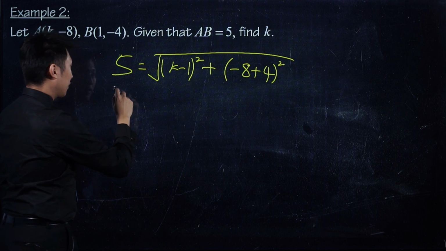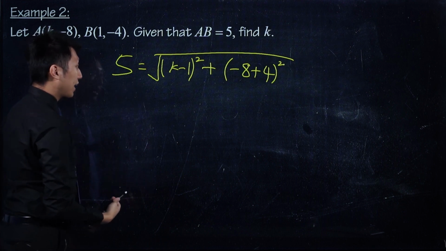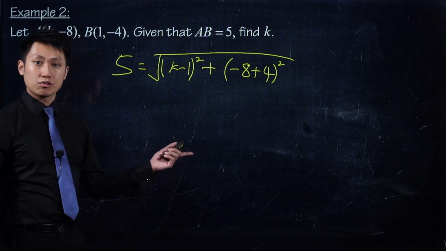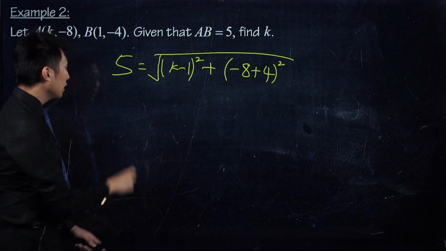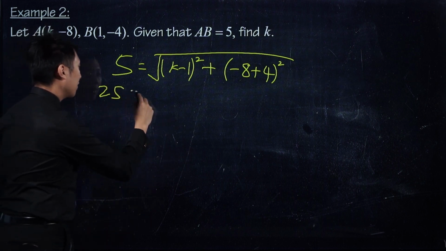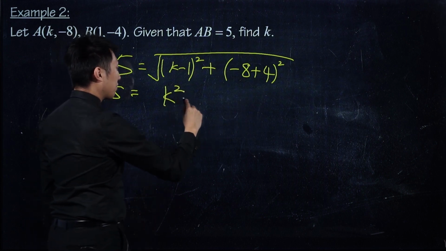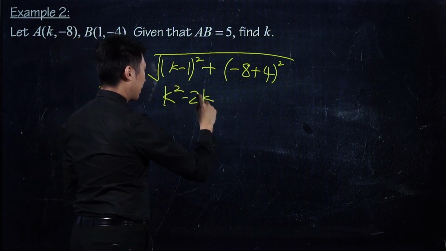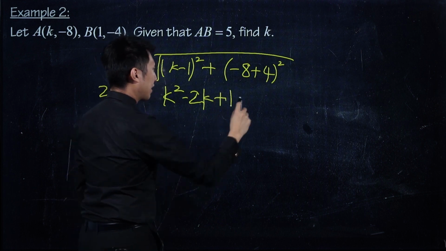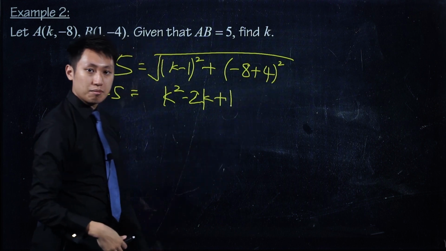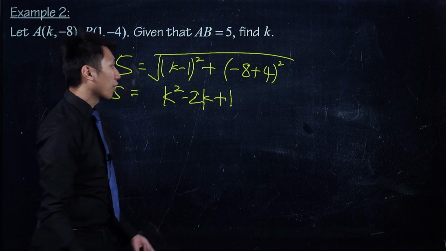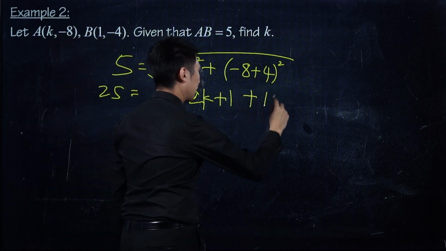So what do I need to do? I can choose to open up the square root by squaring both sides. Left hand side I'll get 25. Right hand side I just open the whole thing up. So k squared minus 2k plus 1, then minus 8 plus 4 is minus 4 squared, so you get 16.